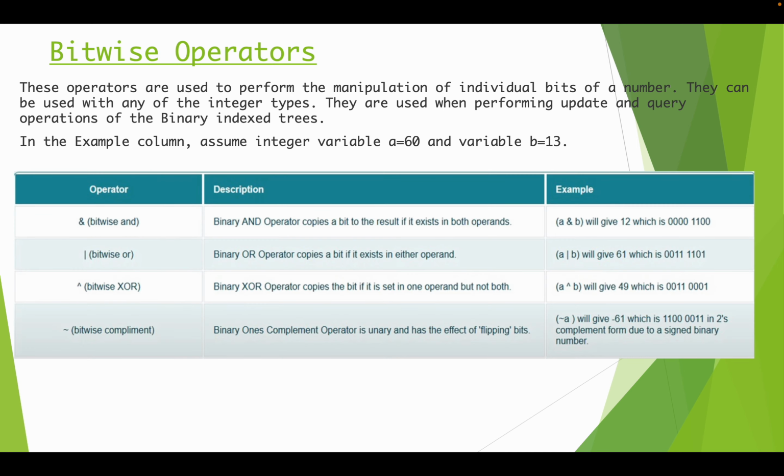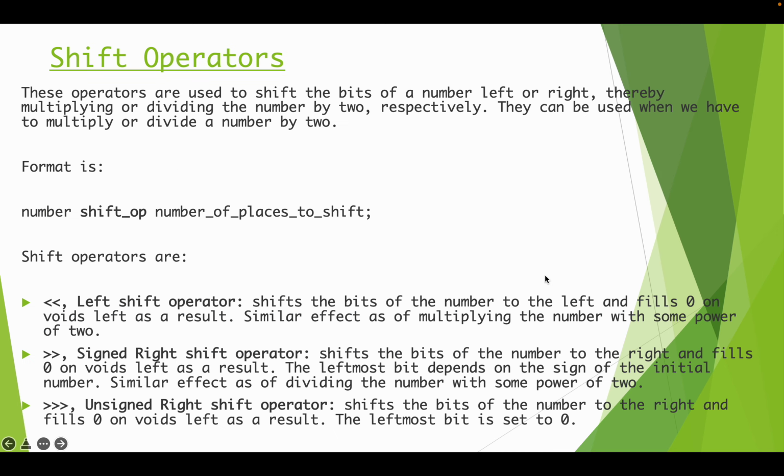Okay. So the next one is bitwise operator. Bitwise operator is a manipulation of individual bits of a number. It can be used with any integer types. In bitwise operators we use bitwise and, bitwise or, bitwise XOR, and complement. I have given this example, you can go through this. Shift operator.